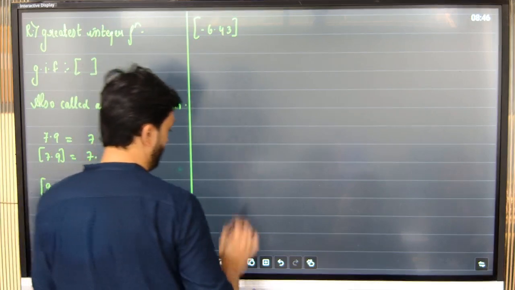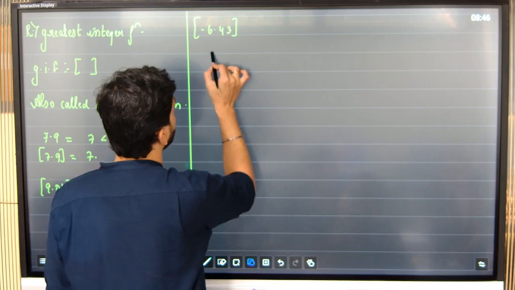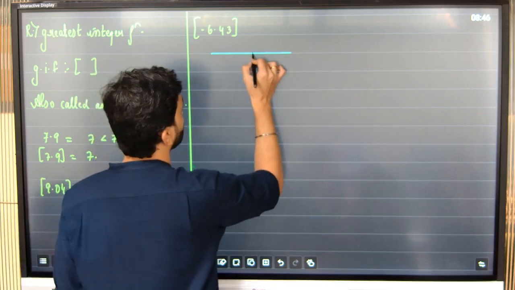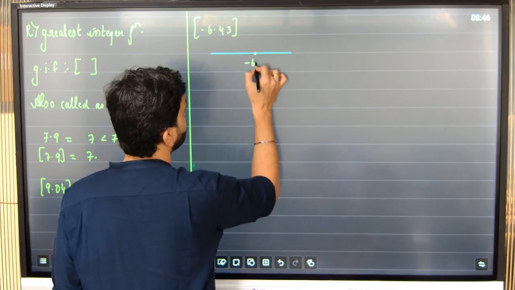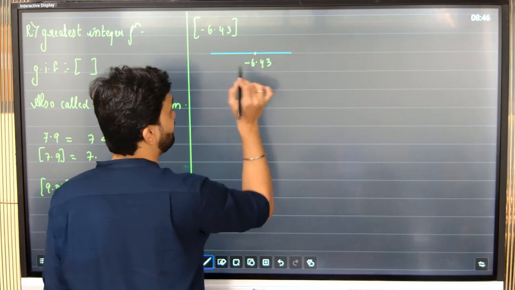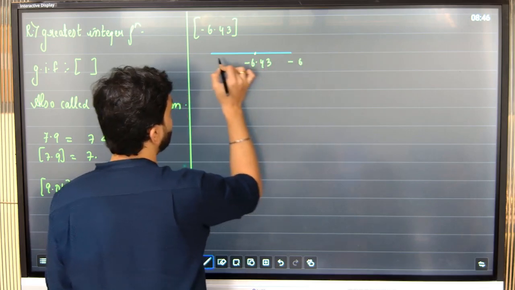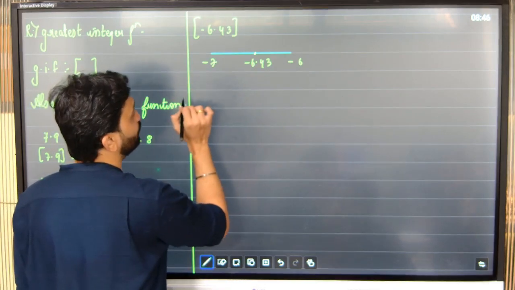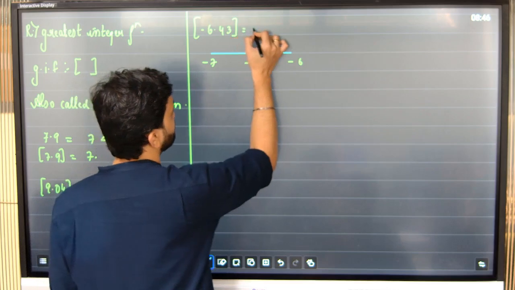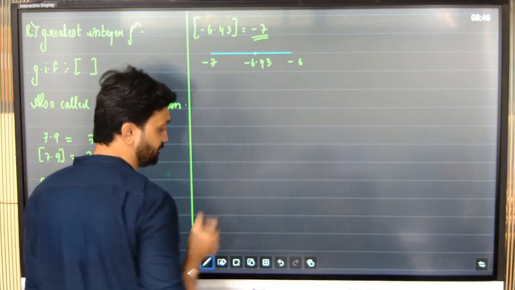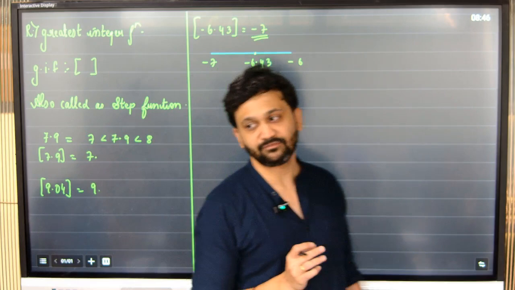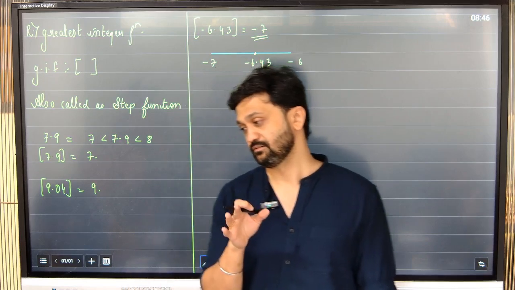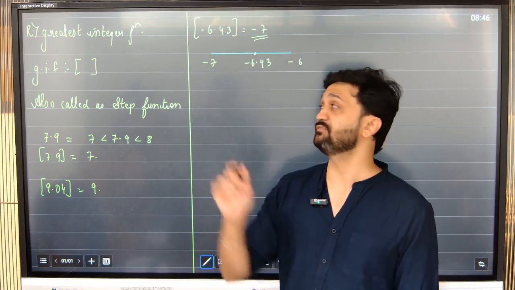Now, understand this. I know that minus 6.43 lies between minus 6 and minus 7, and the smaller integer is going to be minus 7. So greatest integer function is any value that lies between and including the lowest value between two integers.